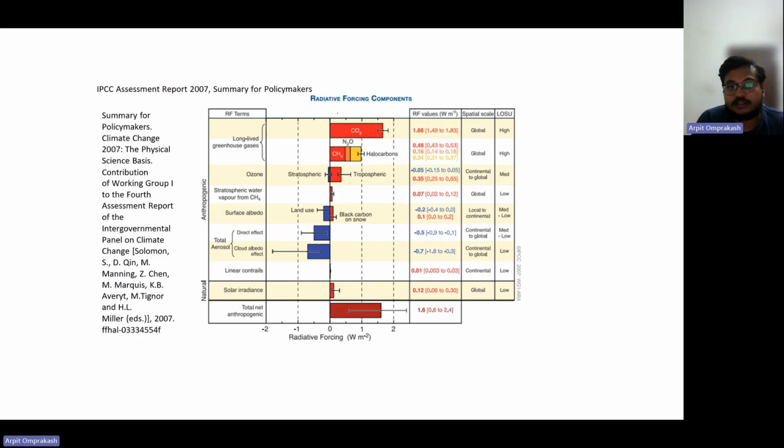So we see that carbon dioxide increases the temperature by increasing the radiative forcing, right? Similarly, these halocarbons and other greenhouse gases also increase it. Then ozone that is present in the troposphere increases the radiative forcing.